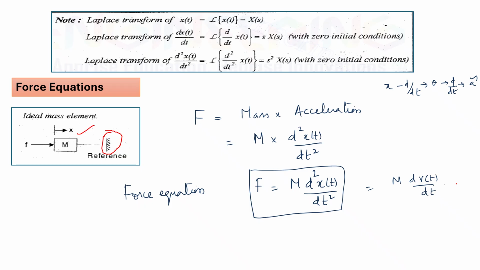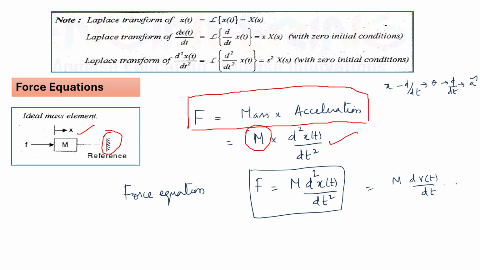While writing the force equation, force is equal to mass into acceleration, where the representation of mass is M and the representation of acceleration is a second order derivative of the displacement x of t, which is d squared x of t by dt squared.